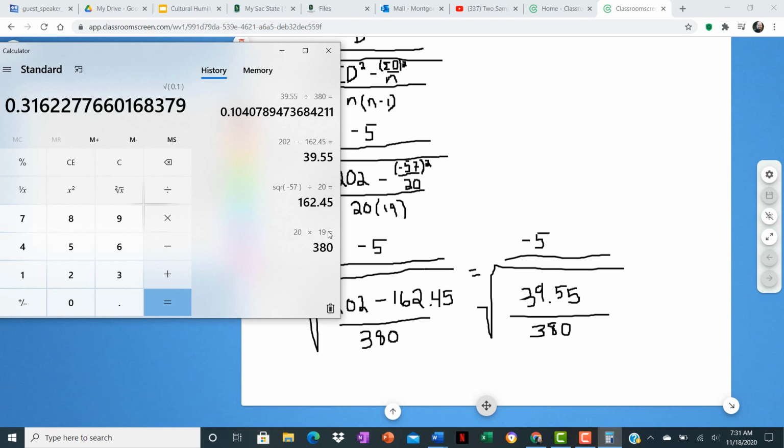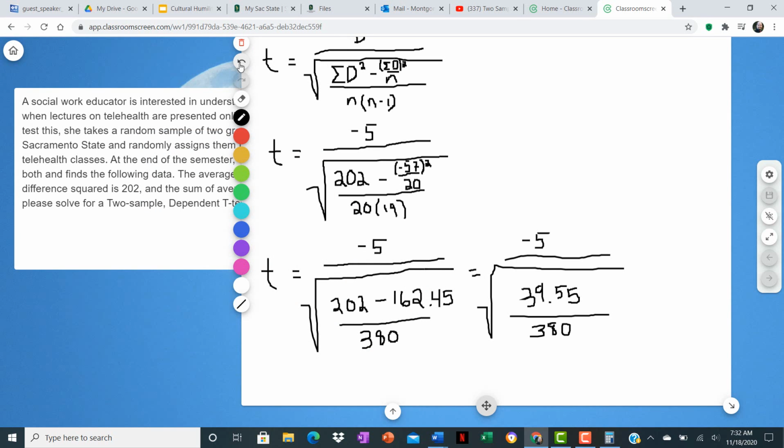To make this easier, we already know it's going to be 0.32. So I'll erase all this out. 0.32. Once we do that, that's pretty easy.